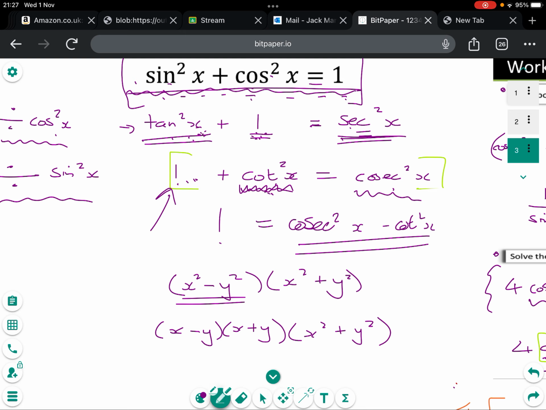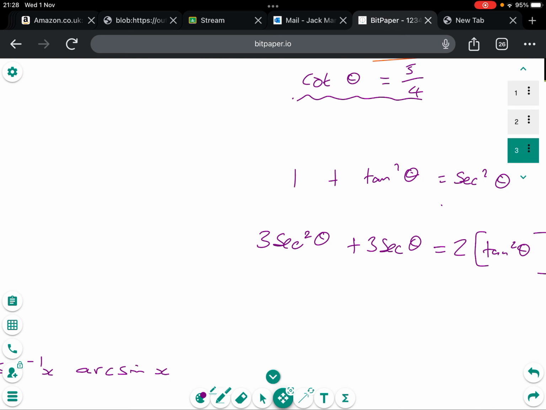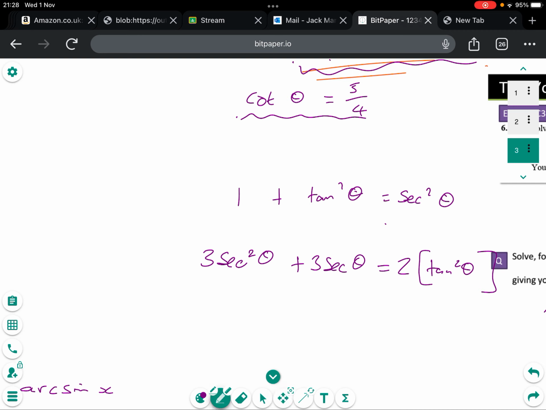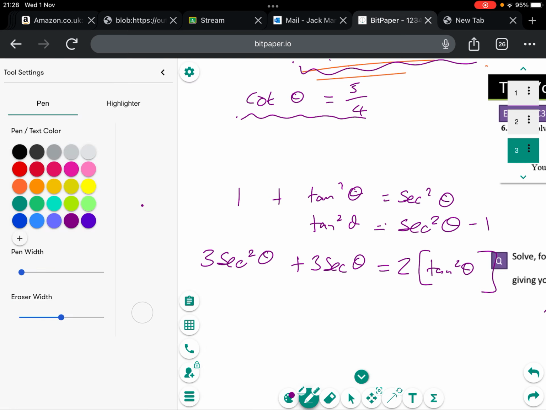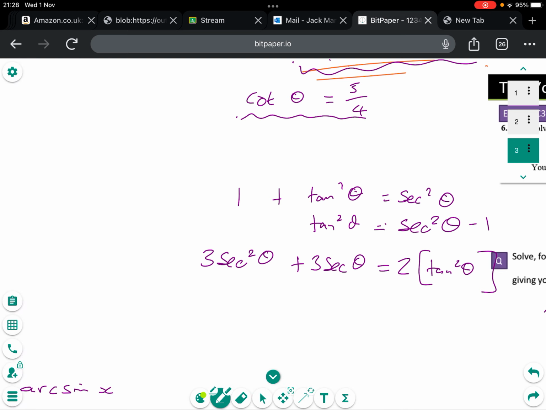If I wanted to get tan on its own, the 1 would have to go to the other side. So tan squared of anything is equal to sec squared theta minus 1, and that result is going to be substituted in.